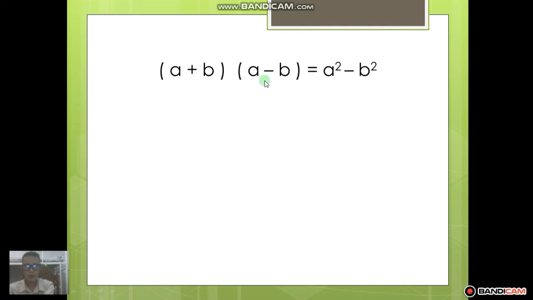If we multiply these two binomials, the result is always the difference of two squares. Difference of two squares, because each term here is raised to 2 and the operation here is subtraction. So this is read as the difference of two squares: square of A minus square of B.